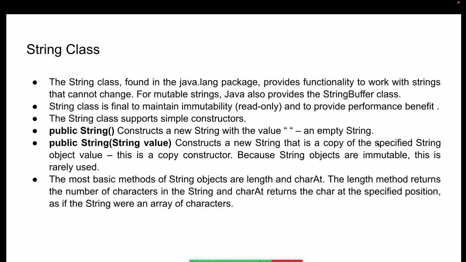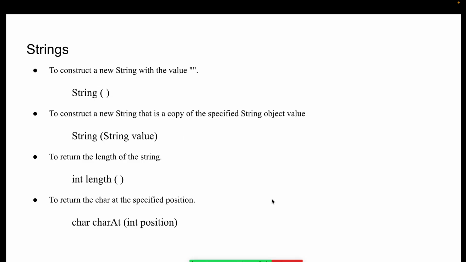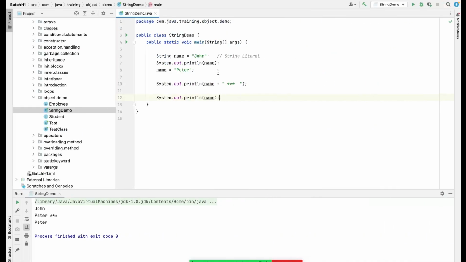These are some of the overloaded constructors, meaning the String built-in class has these constructors. The most basic methods of string objects are length and charAt. The length method returns the number of characters, and charAt returns the character. Okay, we'll see some of the methods of the string.